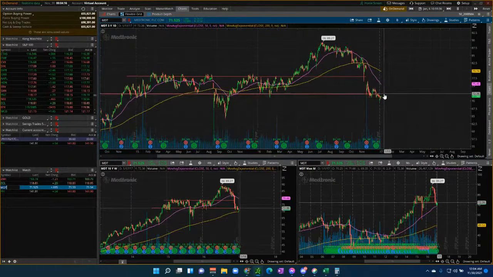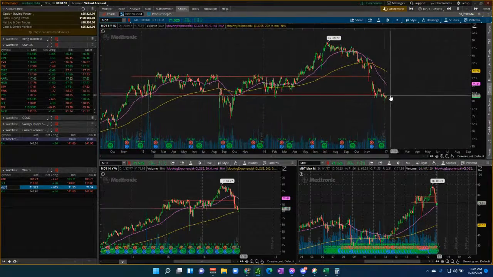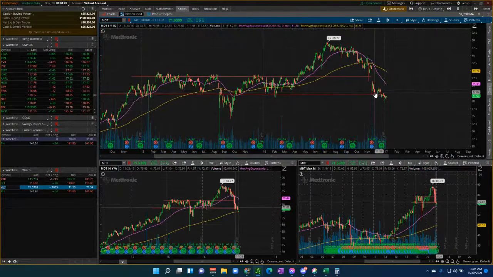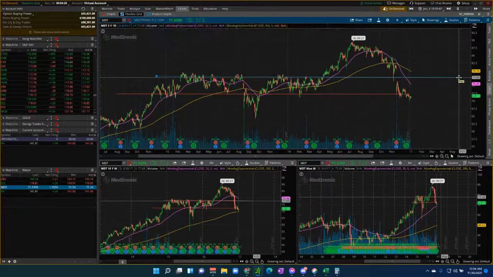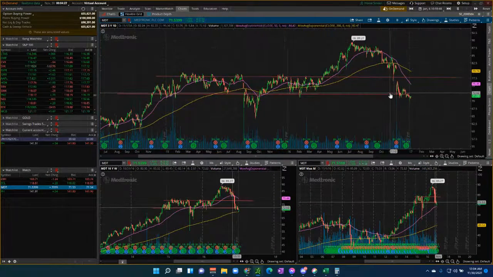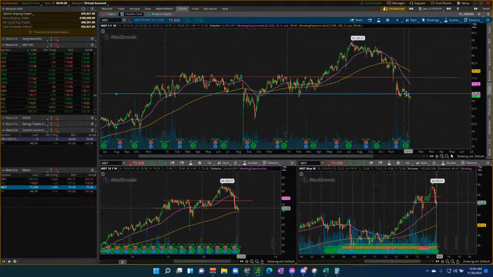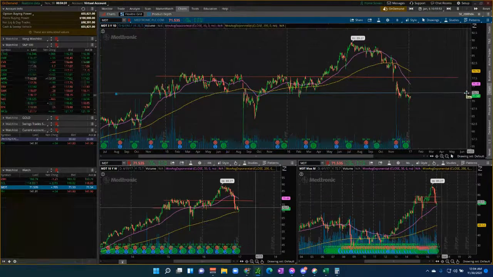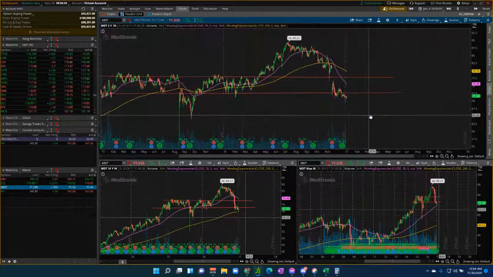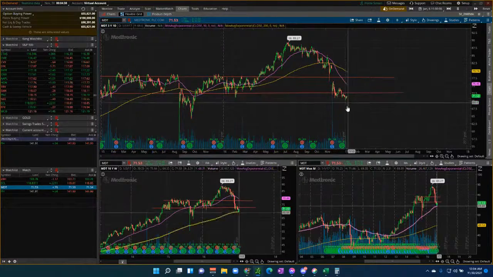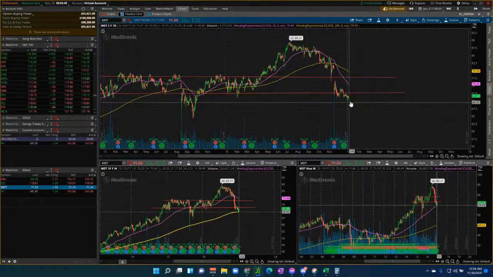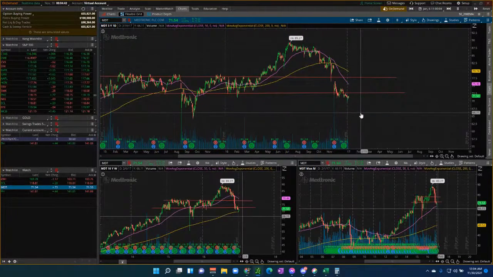So this one, it definitely broke down a little bit, down below this support and resistance area, came back down. So if I was a person who was looking to add, which I still probably am, I will keep an eye here just in case I see anywhere there's some support.